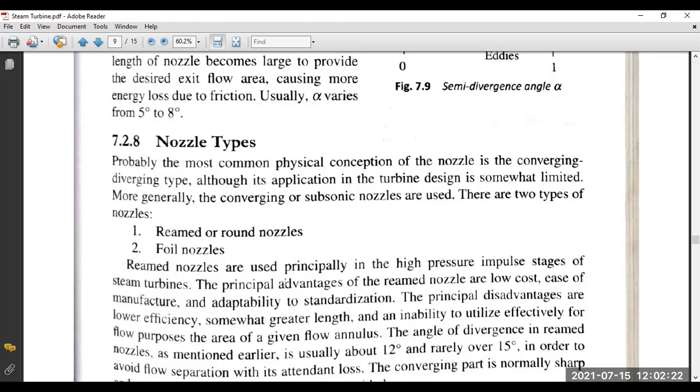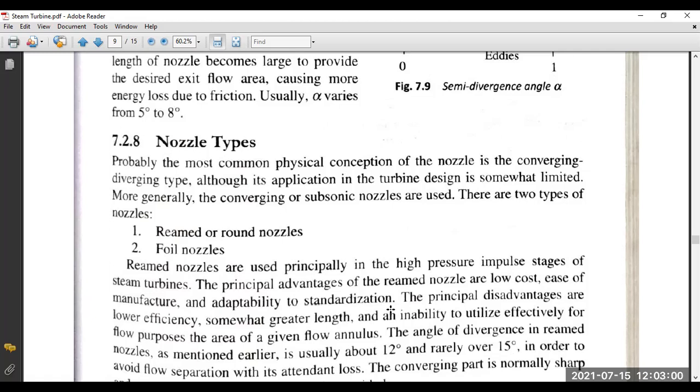The principal advantages of the rifled nozzle are low cost, ease of manufacture, and adaptability to standardization, because in a tapered nozzle you can safely make one helical thread with a helix of approximately 40 degrees or so, and the cost is less compared to the non-rifled type.